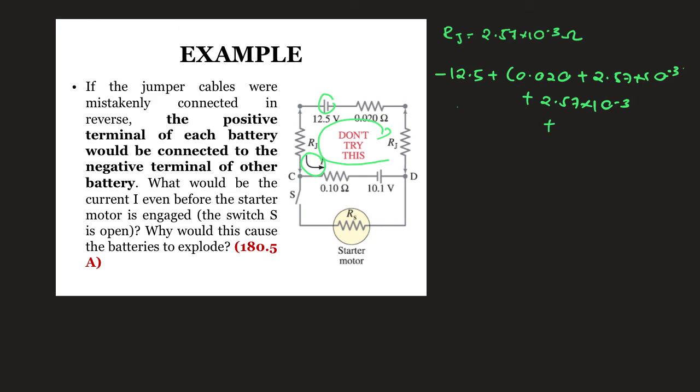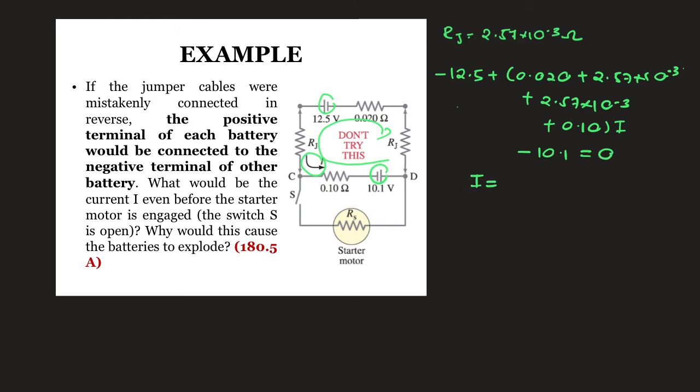Plus the 0.10 I. And then this one is going to be negative because it's moving from higher to lower potential difference, therefore negative 10.1 equals 0. So you need to find I here.